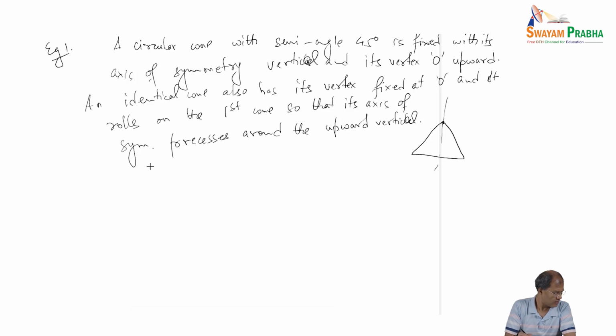Okay, so then with angular velocity lambda, we need to find the angular velocity of the rolling cone.